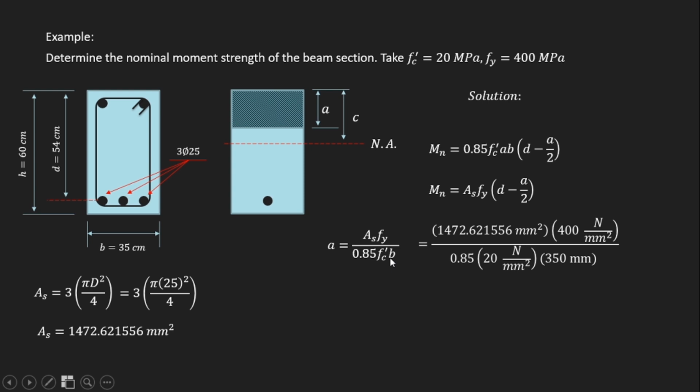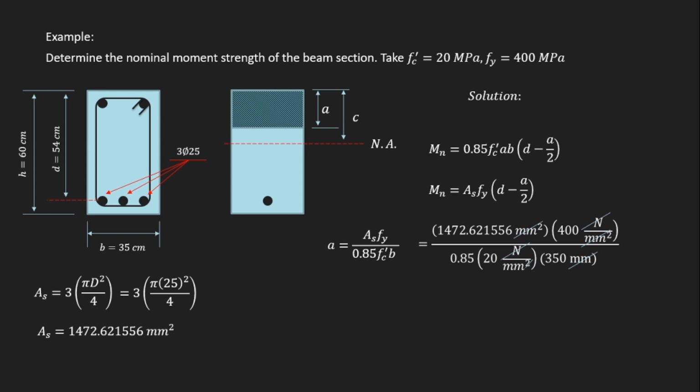And yung b natin or the width of the beam, that is 350 millimeters. So, cancel yung square millimeters dito and magka-cancel din yung Newtons. Tapos, magka-cancel din yung isang millimeters. So, dito, magiging isa na lang. And yung millimeters dito, iaangat natin. Kaya yung unit natin for value of a, dapat naka-millimeters din.